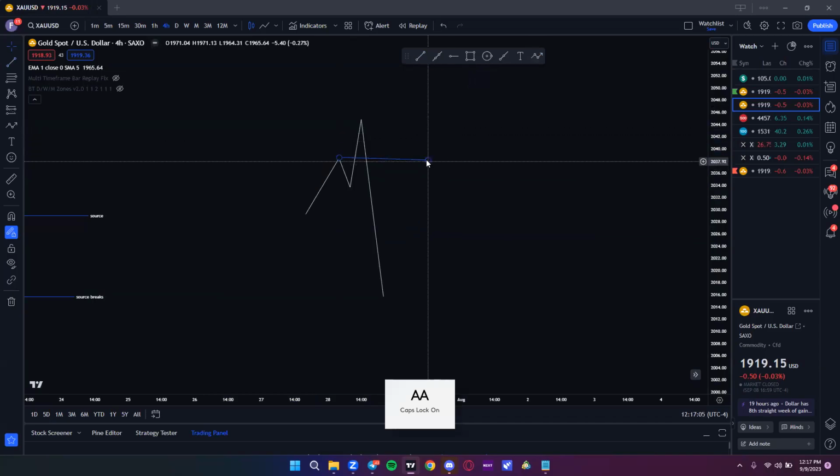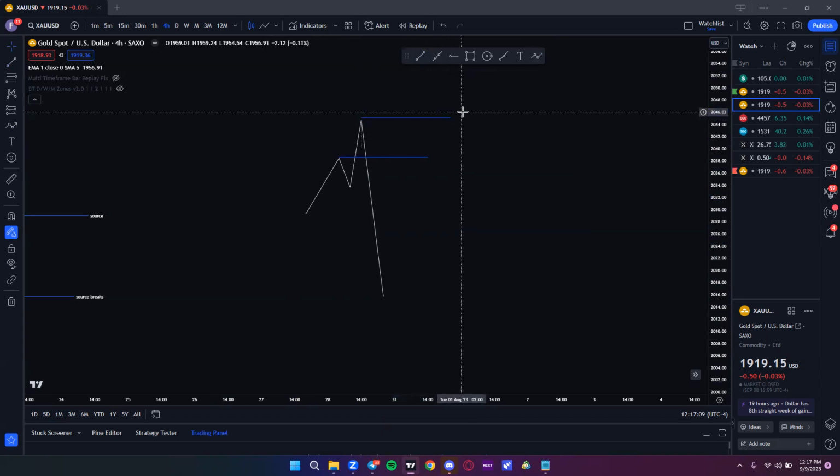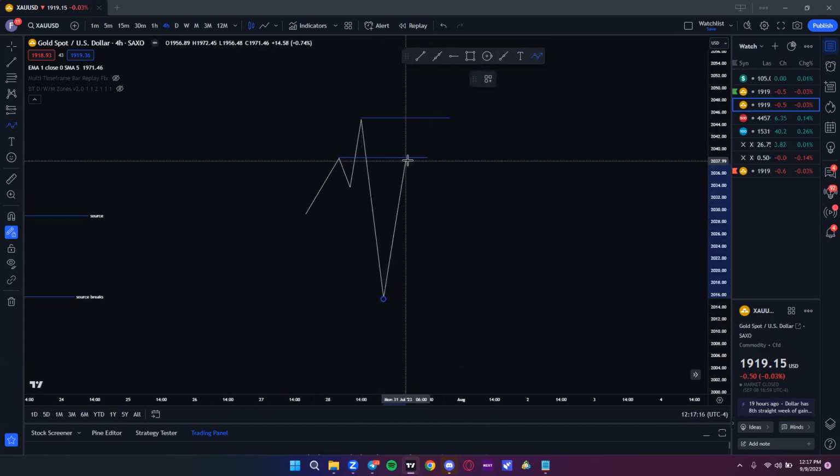He uses SNR, but I don't. But for example, let's say you have an SNR level here, an SNR level here, this QML pattern. He's going to take the risk here and see if price is going to give us the reaction there. If not, he'll take the loss, no problem, and he'll even enter there because he's already determined the overall direction, and now he's either looking at the source break or the source, right?